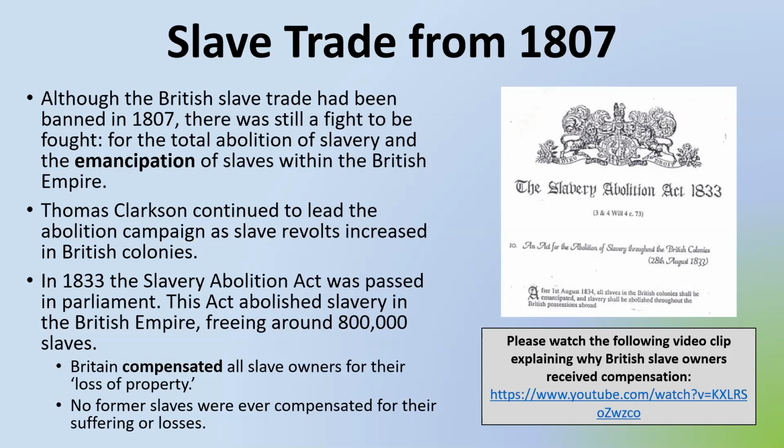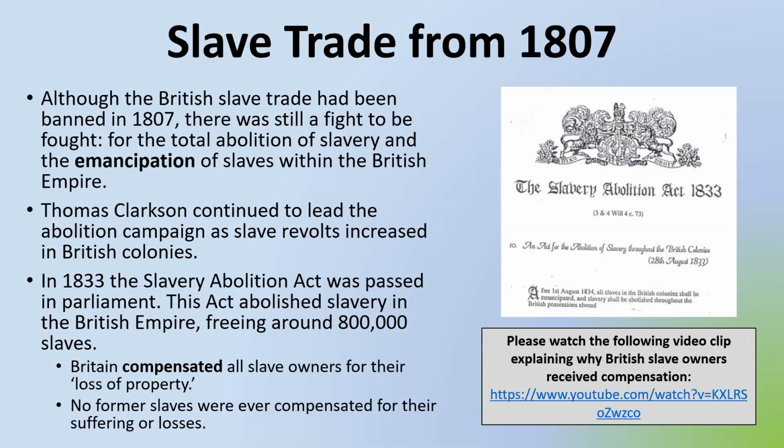Now, in 1833, the Slavery Abolition Act was passed in Parliament. What this act did is it abolished slavery in the British Empire. That freed about 800,000 slaves that were working on plantations across the British Empire.